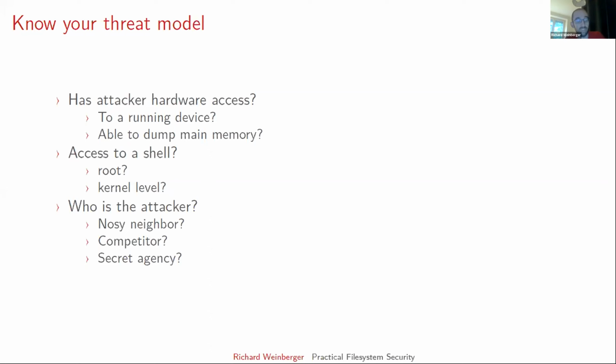The market competitor maybe will give up after 10 days or 1 month, and the state agency has thousands of hours, and they have much more resources, and they can do much more, and they have the money, the power. So what is the attacker, and who do you want to get rid of? These are the main questions you always have to ask yourself when you embed some kind of security mechanism.